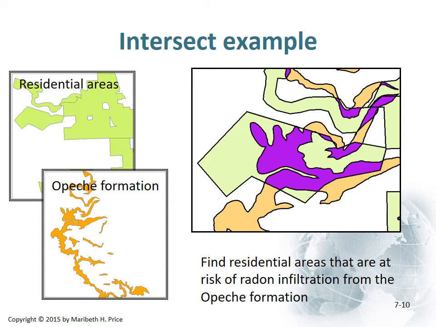So those areas, or the zone within the residential areas that's purple, is if you have a house on top of that, you might be more susceptible to having, or more likely to have, radon gas in your basement.